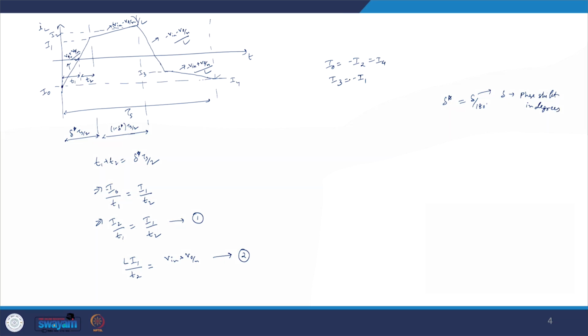Now let us define from here to here. It is going from I0 to I1, so I can write the expression I1 minus I0 is equal to (Vin + Vo/n)/L times δ*Ts/2.